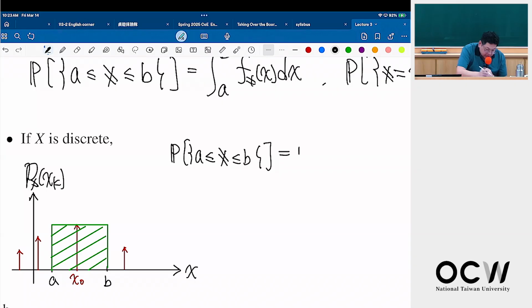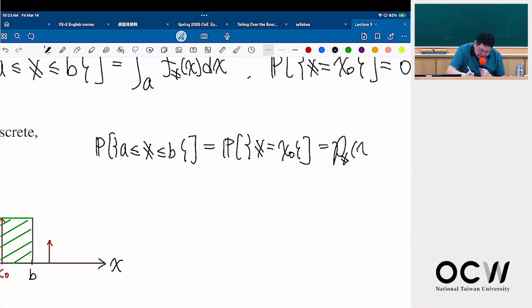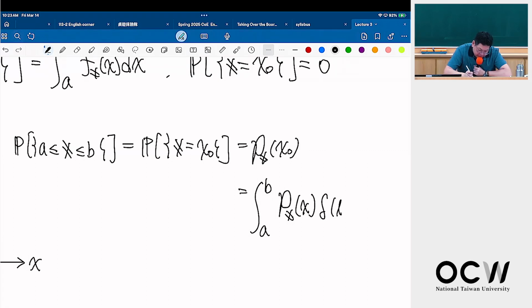So this is equal to the probability of X equals X naught, which is the PMF of X naught. You can also think of this as the integration from A to B of the PMF times the delta function x minus x naught. You may think of this as a PDF.